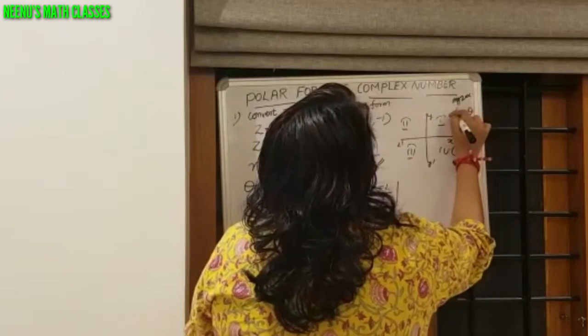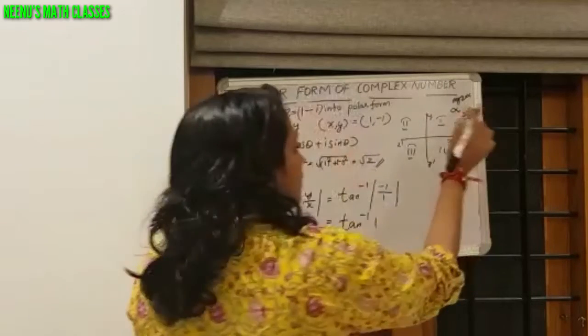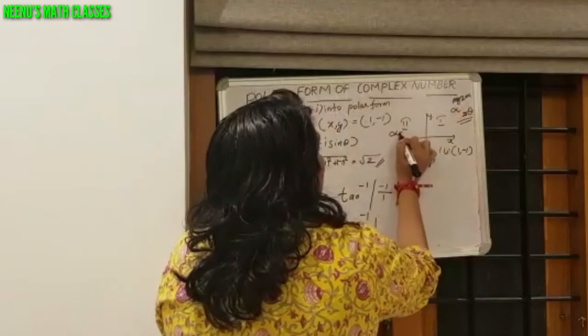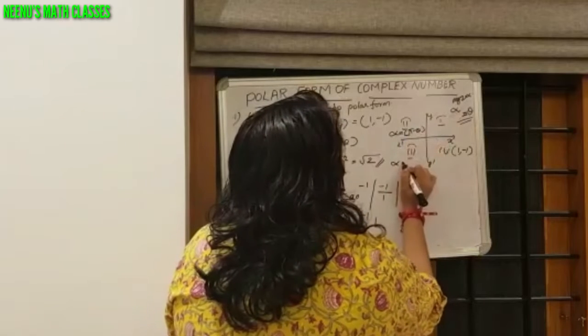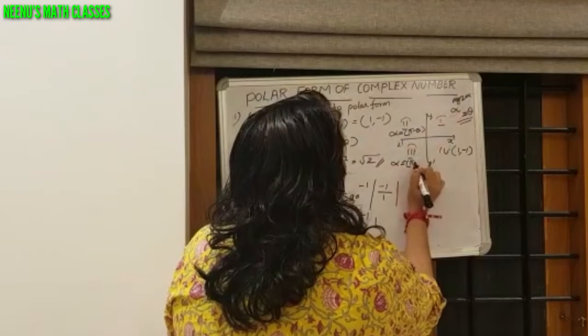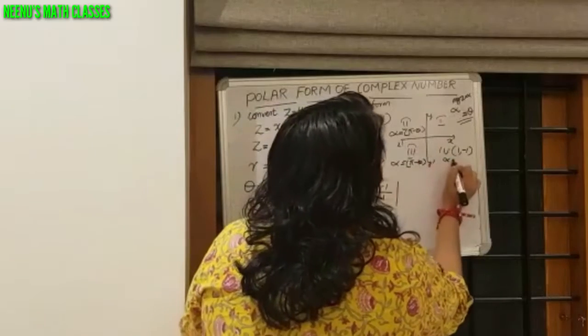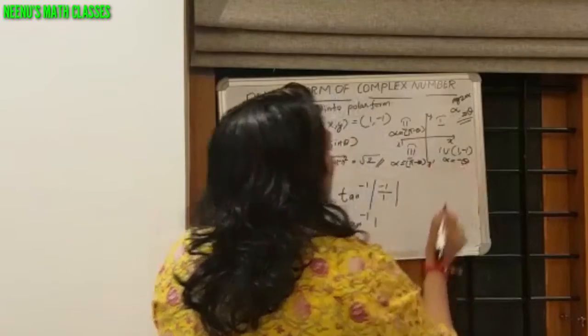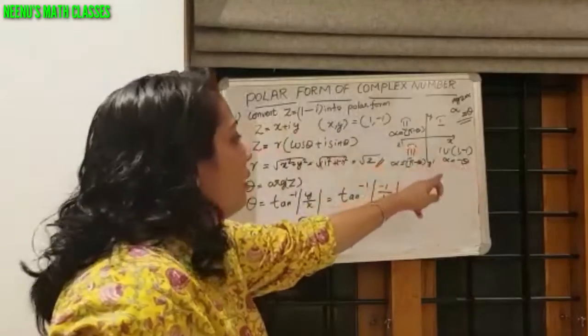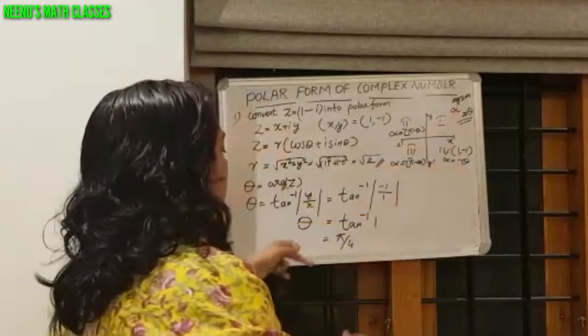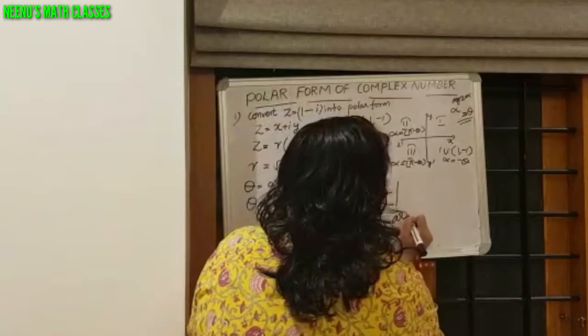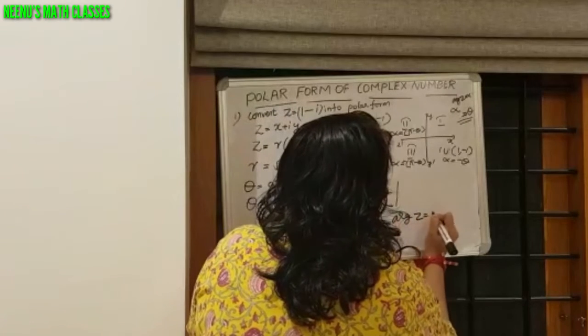In the first quadrant, alpha equal to theta. In the second, alpha equal to pi minus theta. In the third, alpha equal to minus pi plus theta. In the fourth, alpha equal to minus theta. So it is in the fourth quadrant, so what is the value of arg z? Equal to minus theta. So arg z equal to minus pi by 4.